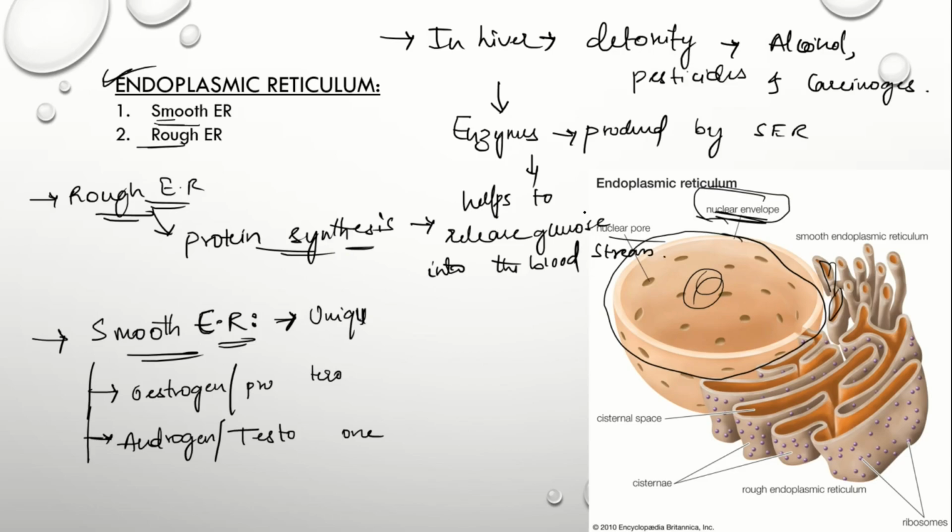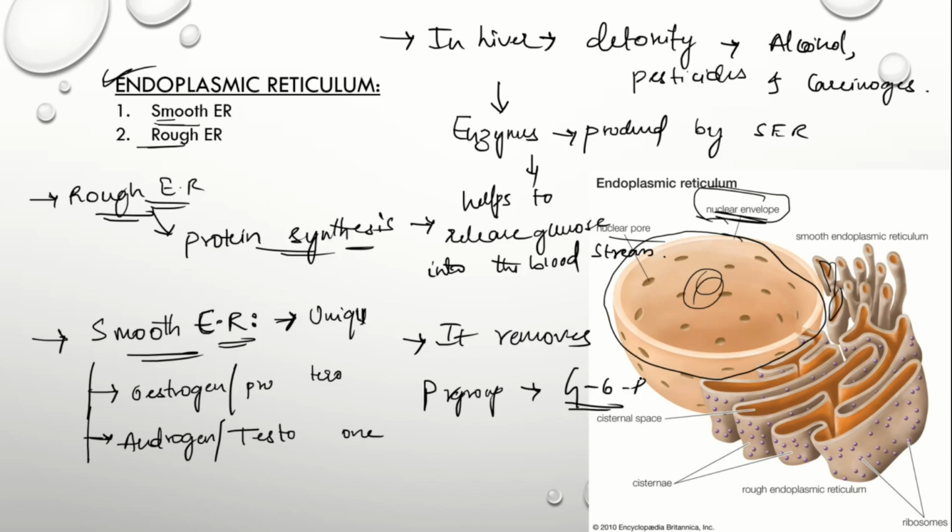Dear students, another important function of the smooth endoplasmic reticulum is that it removes the phosphate group from glucose 6 phosphate.